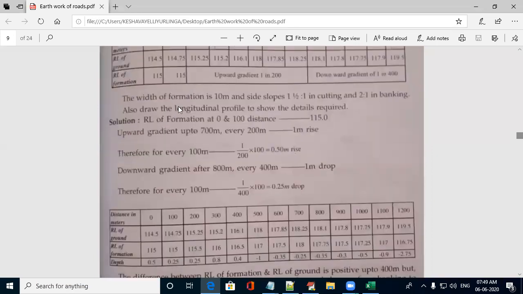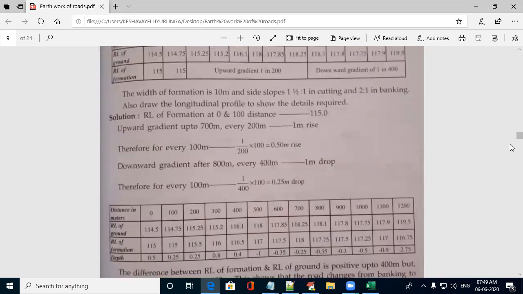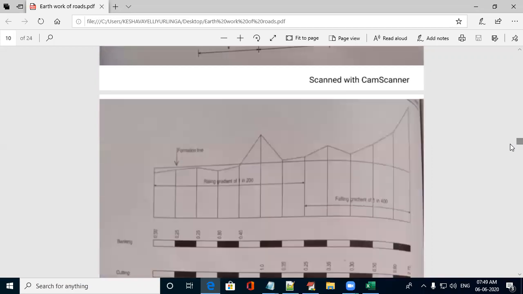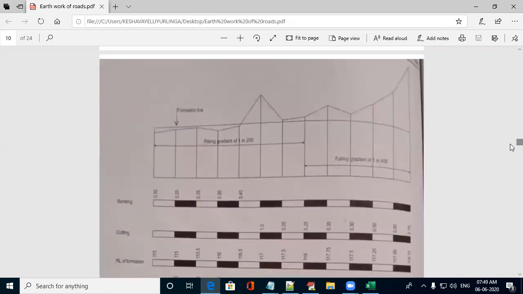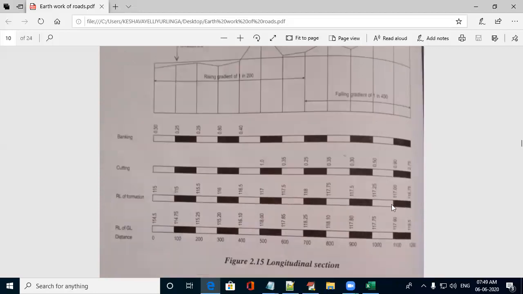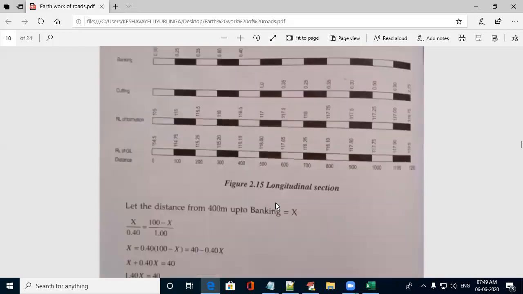Here also, draw the longitudinal profile to show the details required. But in the notes which I have given, that is the textbook, they have mentioned so many things. This is quite confusing. Don't go through this. Just go through the calculation. You can see this, but you may get confused. They have just given the RLs on the staff reading. That's all.